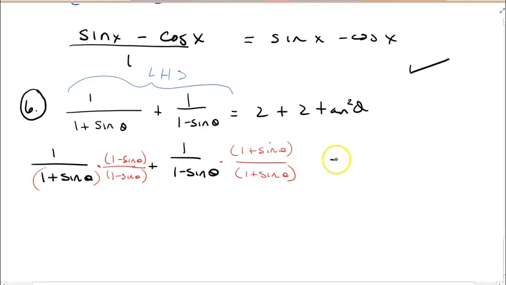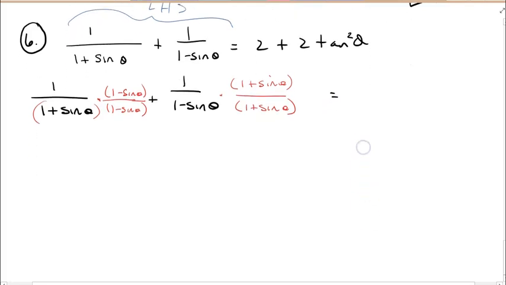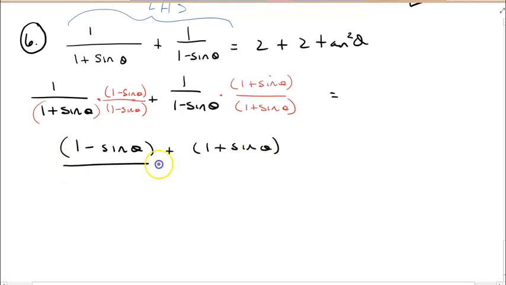And right now I'm not doing anything to the right-hand side, just leaving that alone. Okay, let's bring them together. It's going to give me 1 minus sine theta plus 1 plus sine theta, all in the numerator, over that common denominator of 1 plus sine theta times 1 minus sine theta.